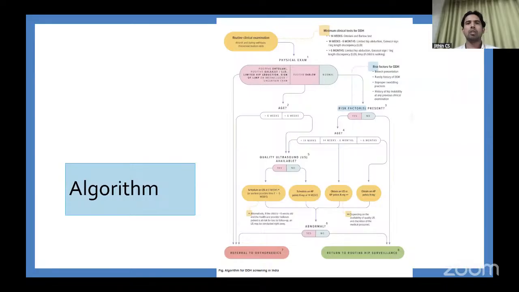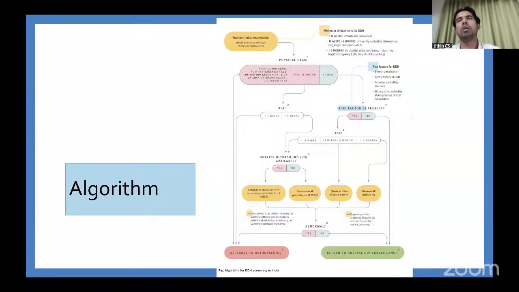And this is the algorithm generally followed. If you get a positive Ortolani, we generally directly refer the baby to orthopedics. If we get a positive Barlow, we can actually wait for 1 month, as some cases resolve on their own. But in cases where it is not resolved, we have to go for an ultrasound of the hip.